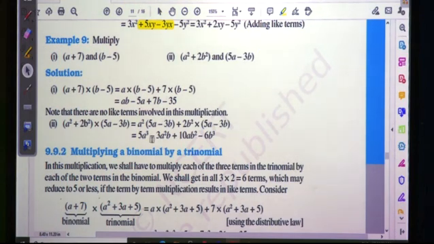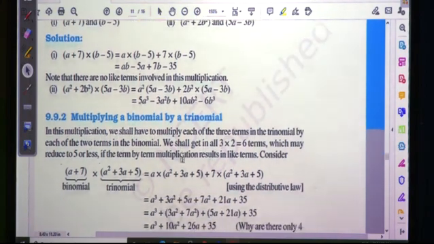So, plus into minus becomes minus 3a square b, plus 2b square into 5a becomes 10ab square, plus into minus is minus 6b cube. Here you can see this is a cube, this is a square b, this is ab square and this is b cube. So, none of the terms are like here.